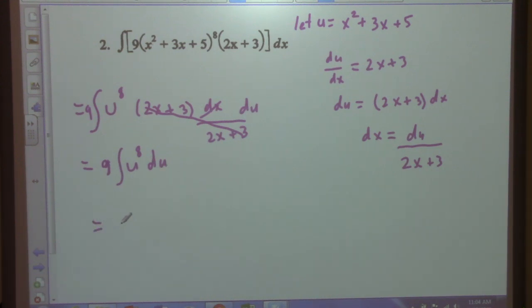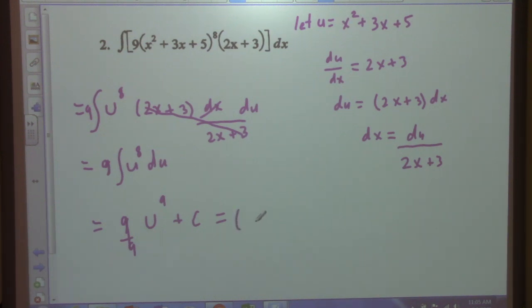And so what is your answer for this now? 9 u to the 9th, divided by 9, plus c. And how do you rewrite your final answer? You go back and replace u.